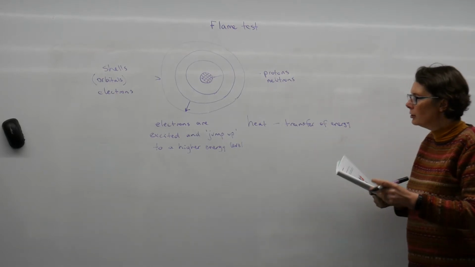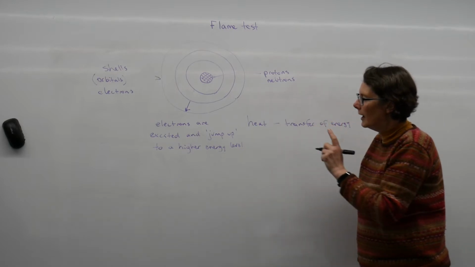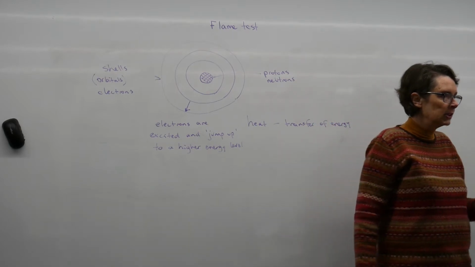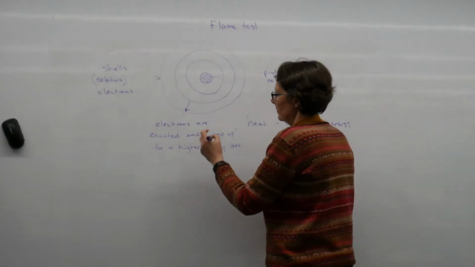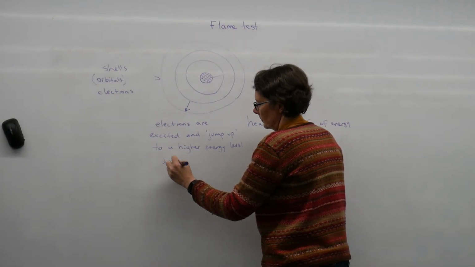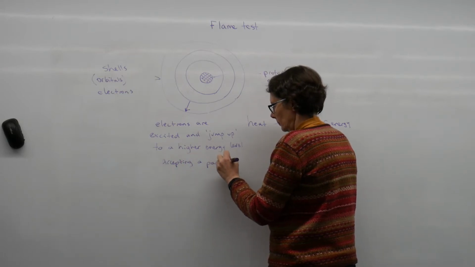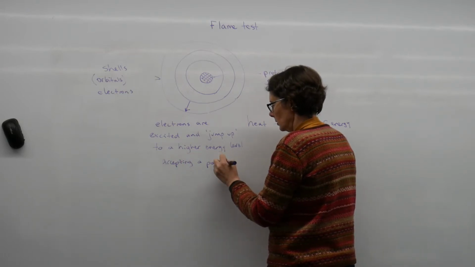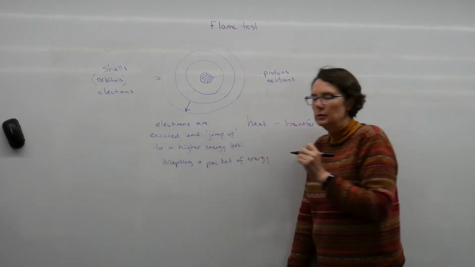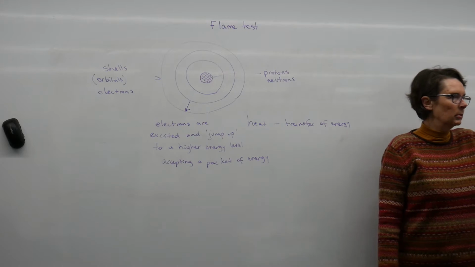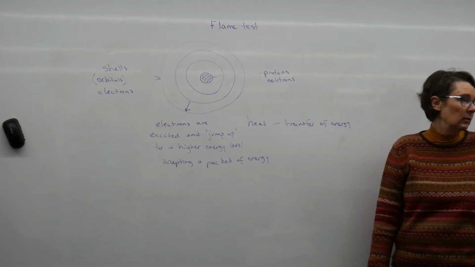And so our electron can be excited up to a higher energy level, and it does that by accepting a packet of energy. So that's how it goes up. We call this packet of energy a photon.